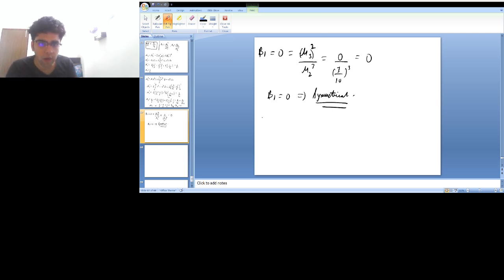Now I need to find the fourth moment. For finding beta 2, the formula for the fourth moment is m4 dash minus 4 times, these formulas are too big, so either you can remember them by practicing again and again, or you will wish that they are given to you in the exam.